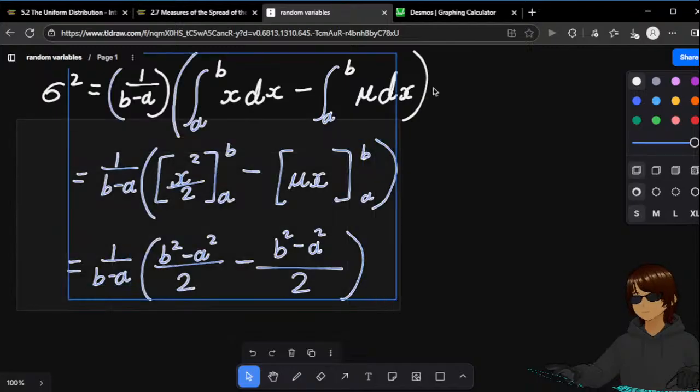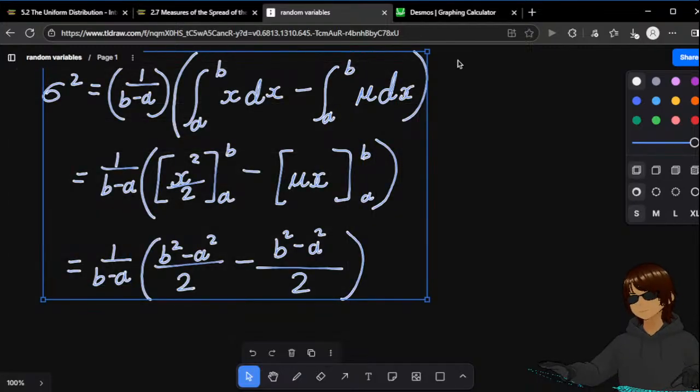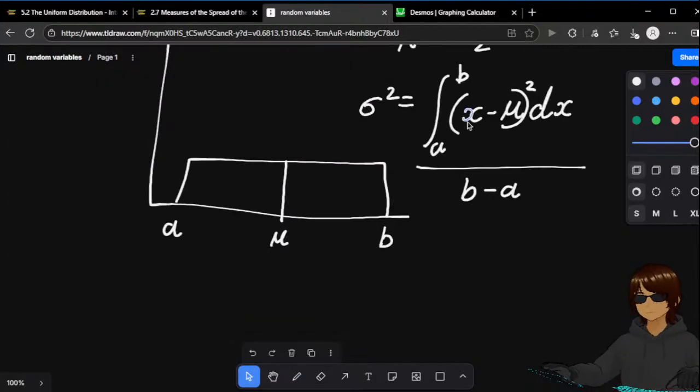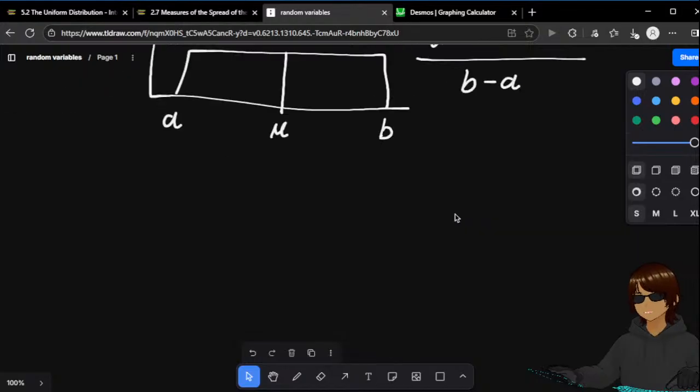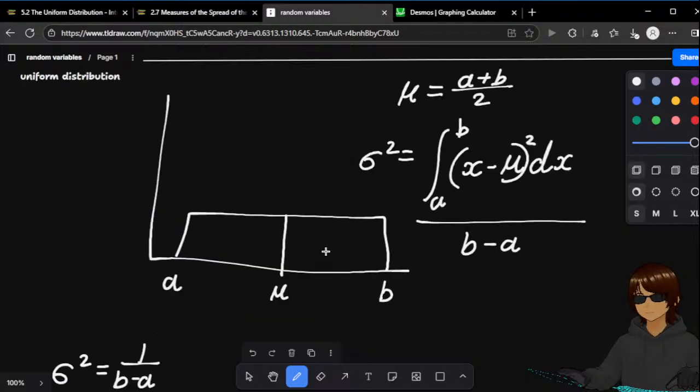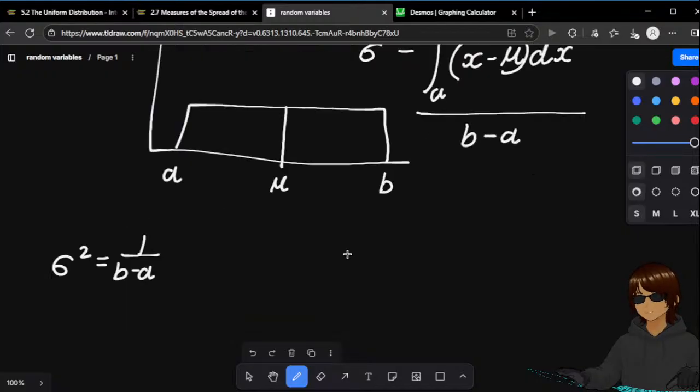Okay, so I have a square here. Square is going to cause some issues.